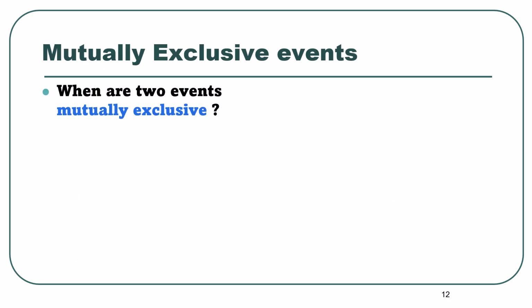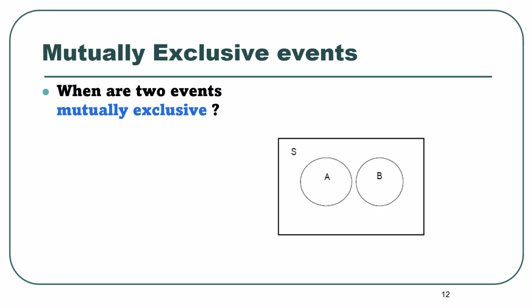Mutually exclusive events. When are two events mutually exclusive? These events, the mutually exclusive events, are events that cannot occur together. So if one is occurring, the other one is not going to occur at all. These events are usually called disjoint events.